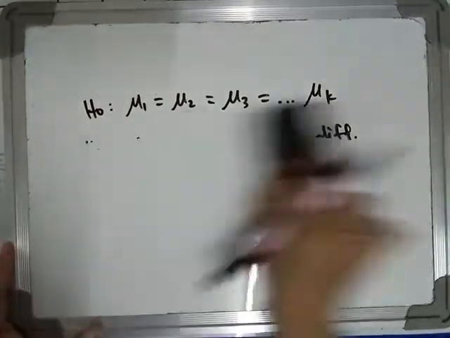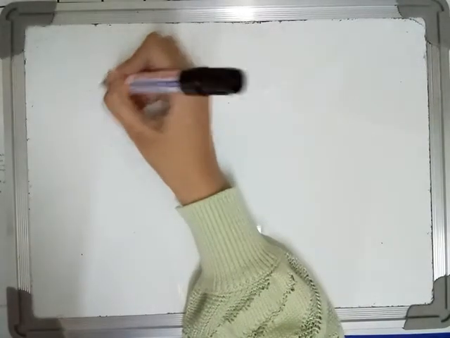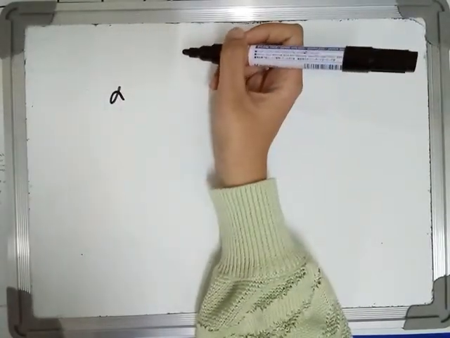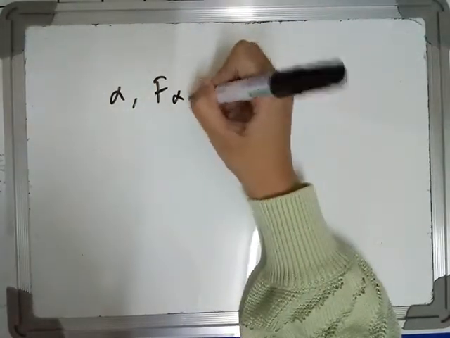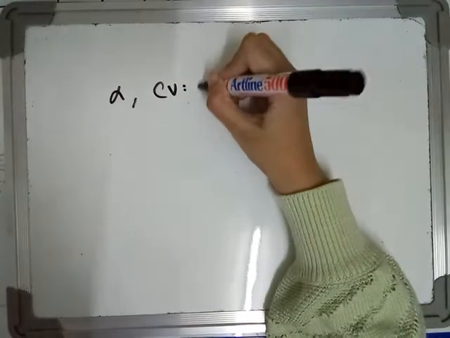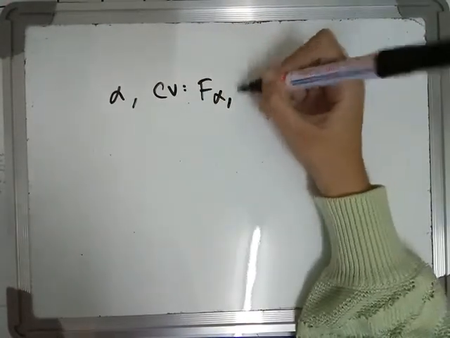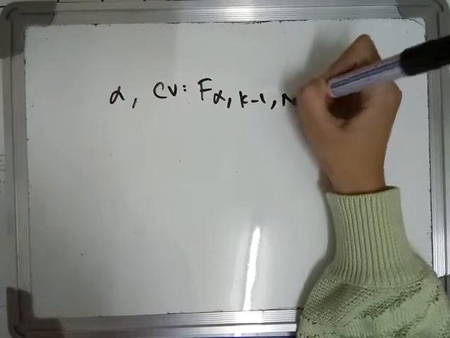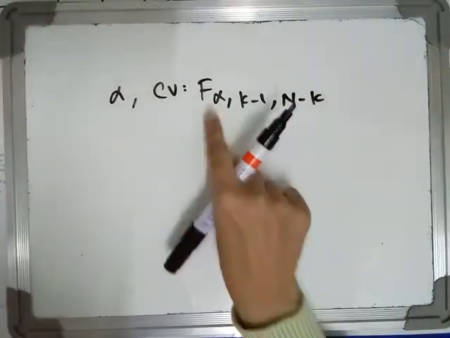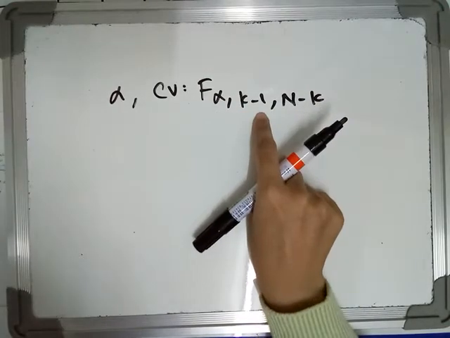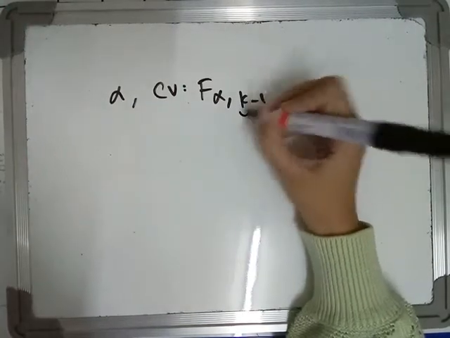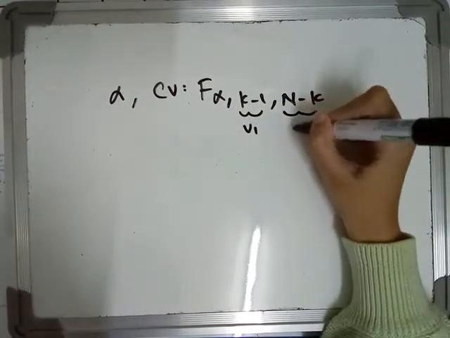Second step, you need to state the alpha, the level of significance, and then the critical value, F alpha, k minus 1 and n minus k. Alpha will be given in the question. k minus 1 we let as V1 and n minus k we let as V2.